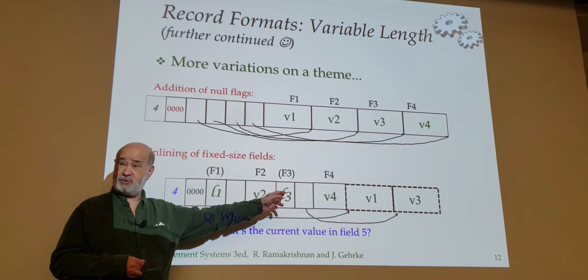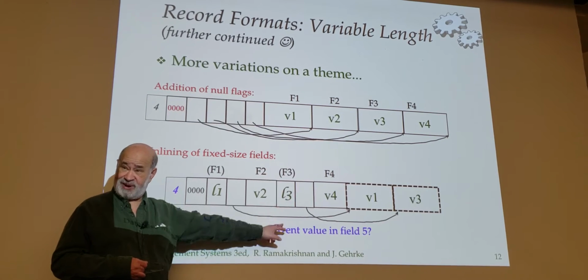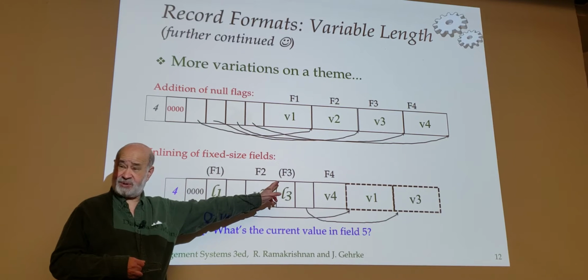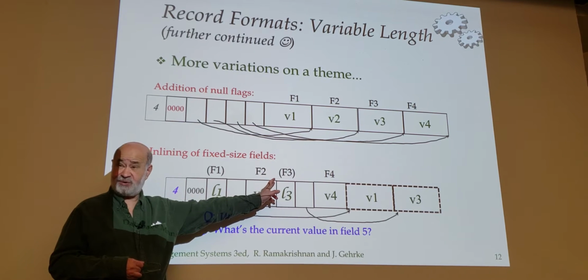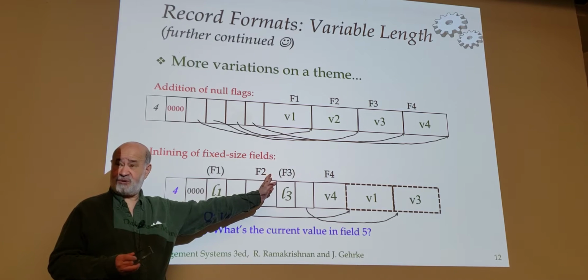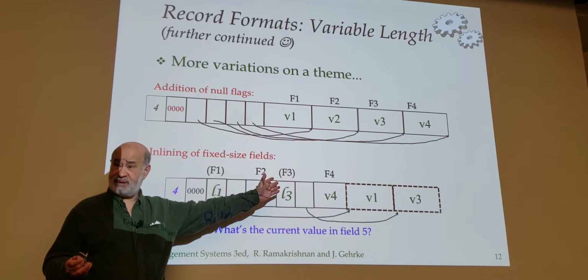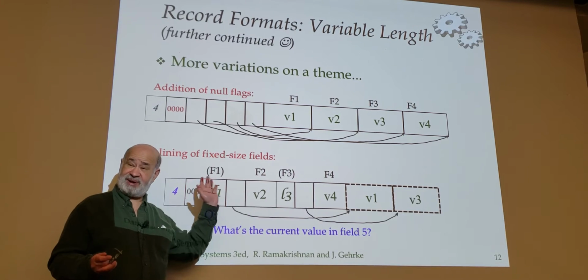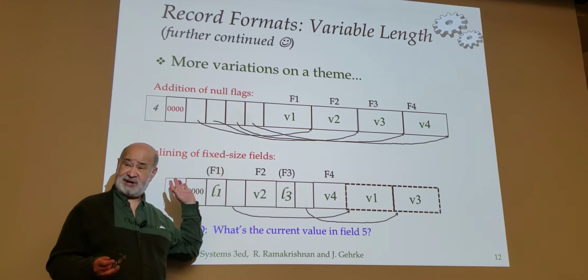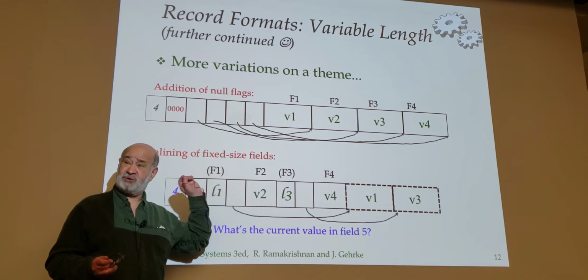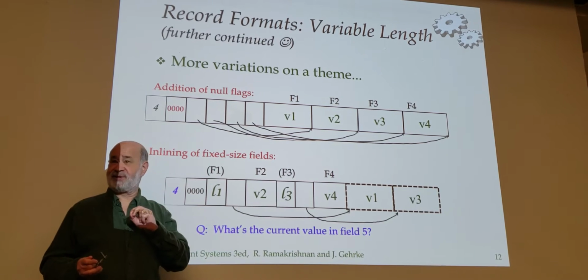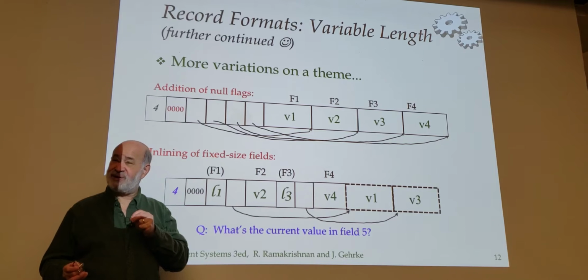So you know where in this mini directory the information about field 3 is stored. You have to do that calculation once. You don't want to do it every time. But you do that calculation once, and you know where the information for field 1776 is, because you know how many things are variable length, how many things are fixed, and how long the fixed things are. So you do that calculation once, and you store it in the catalog, and then you use it every other time.